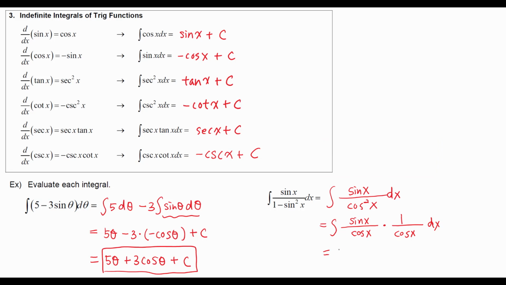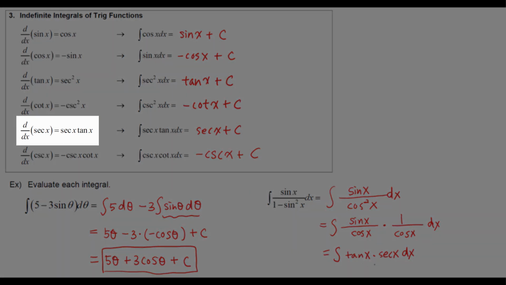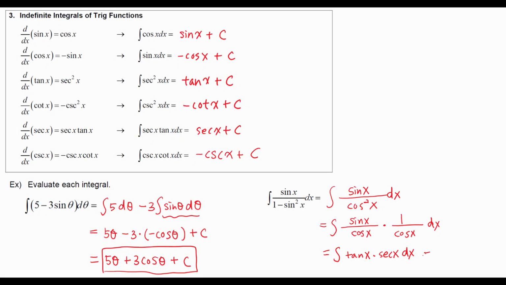But now my first expression, sine x over cosine x, is tangent x. And 1 over cosine x is secant x. And what do you have to take the derivative of so that you get secant tangent? Yes, that's secant x. So my answer will be secant x plus c.